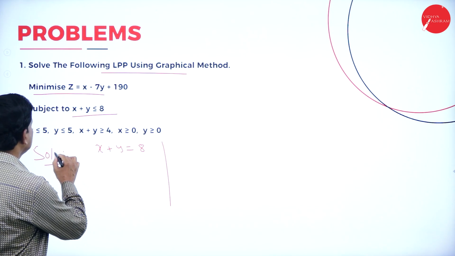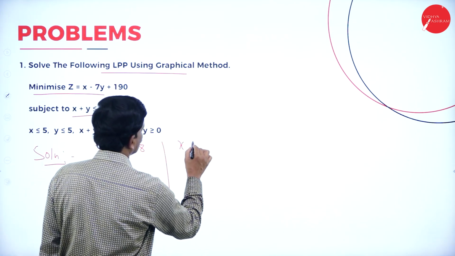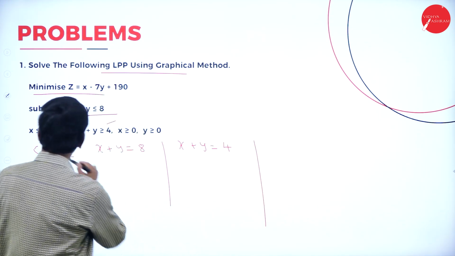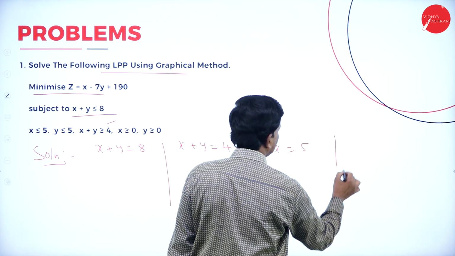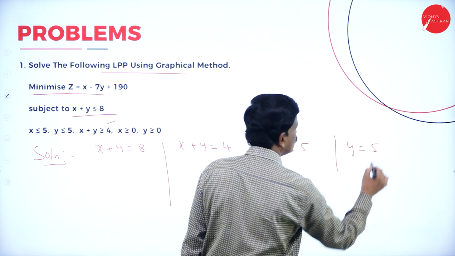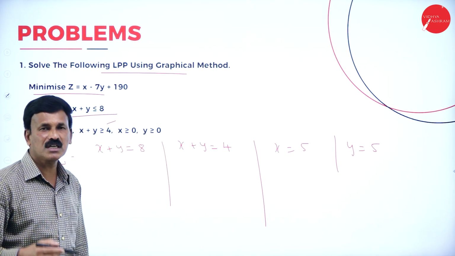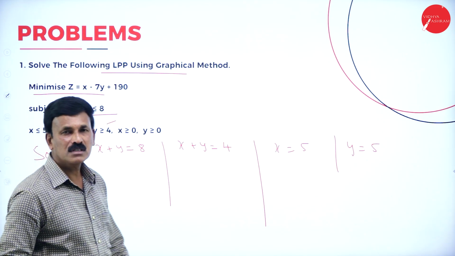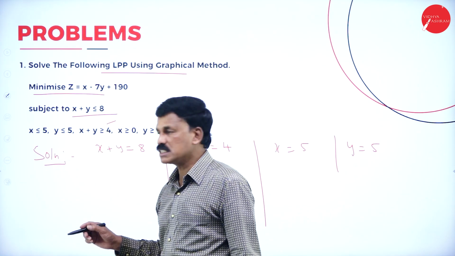And the second equation is x plus y is equal to 4. And next, x is equal to 5 and y is equal to 5. These are the constraints, the conditions given. Now first convert the given constraints from inequalities to equalities.